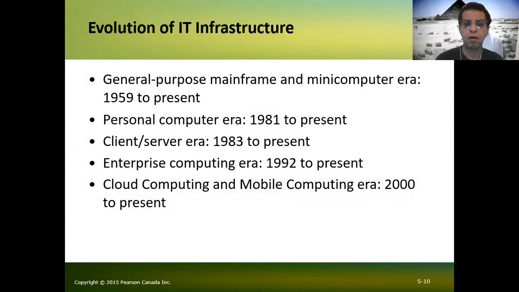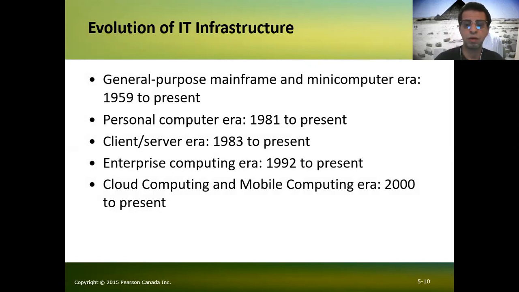And when it comes to personal computers, that started in 1981 to the present, and there you used to put an operating system on a floppy disk, which has DOS in it. You put it in and you operate, and then you take it out and put in another one.